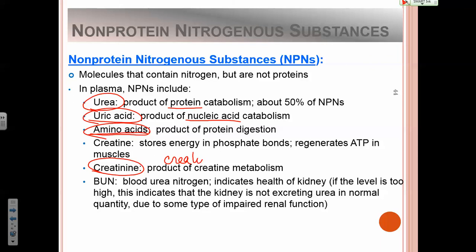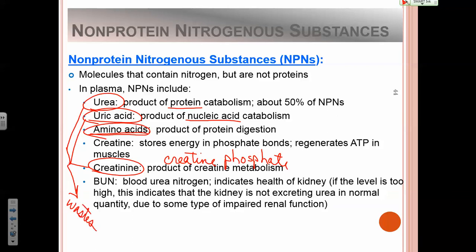Remember creatine phosphate in your muscles? It was kind of like ATP. As it's broken down, the creatine becomes creatinine, and it becomes a waste product. And these three are waste. So your body's got to get rid of these.